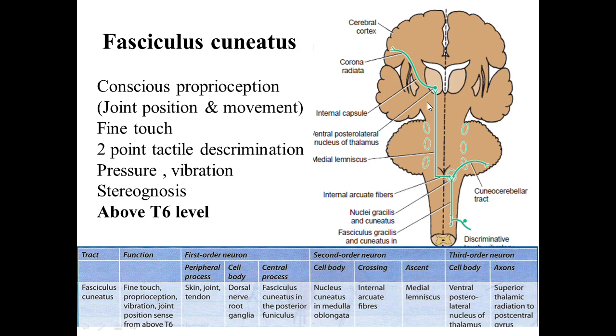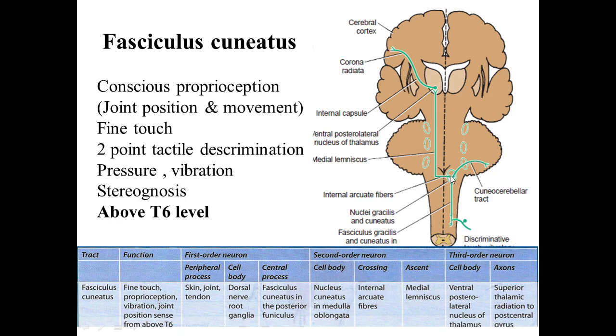Then fasciculus cuneatus, which lies lateral to the fasciculus gracilis, and the peripheral processes arise from the skin, joint and tendon. The fibers enter into the dorsal root ganglia. Then they enter into the fasciculus cuneatus of the posterior funiculus of spinal cord.